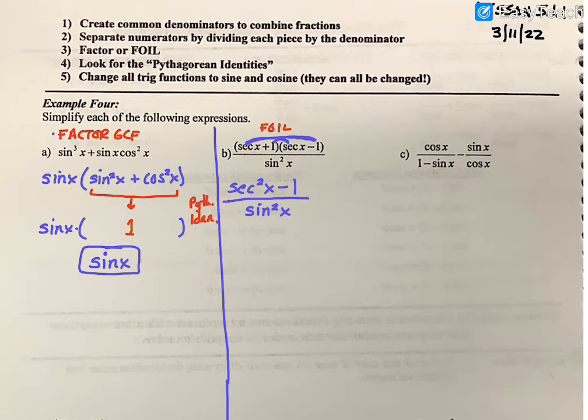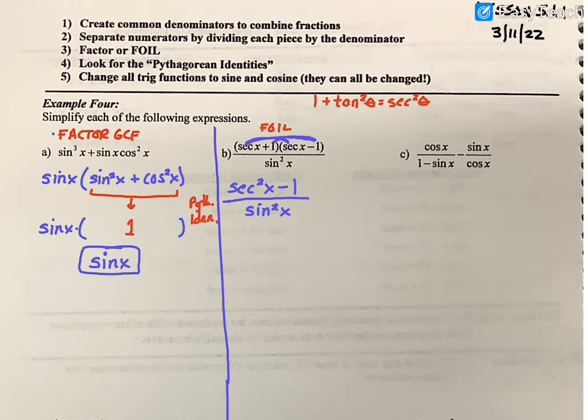Do we have a Pythagorean identity that involves secant squared x and 1? And we do. In fact, I'm going to write it up here. If you flip to the front side, the identity I'm talking about is 1 plus tangent squared theta is equal to secant squared theta. That is just the Pythagorean identity copied from the front of the page.